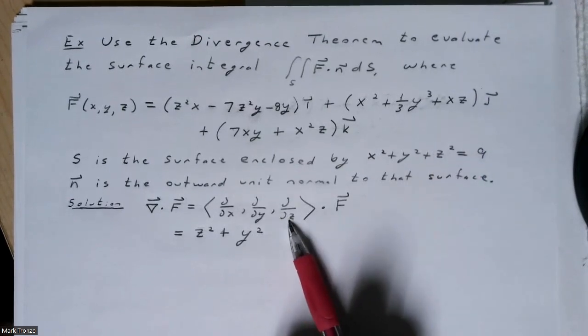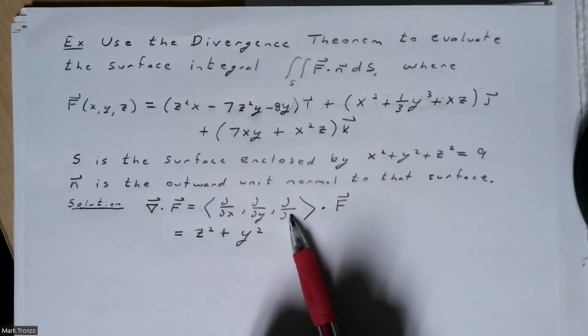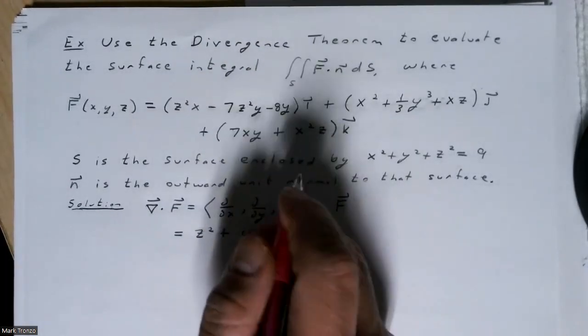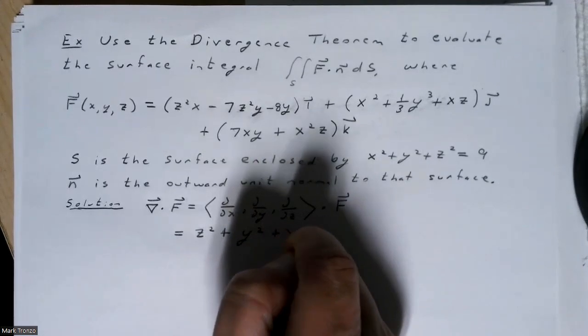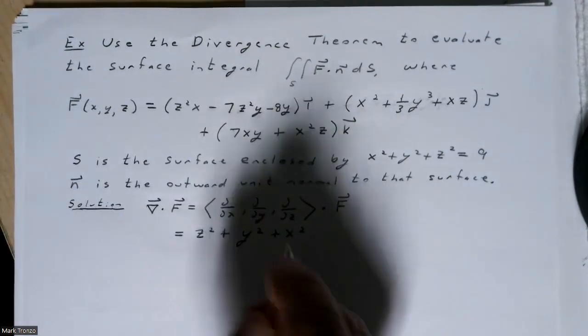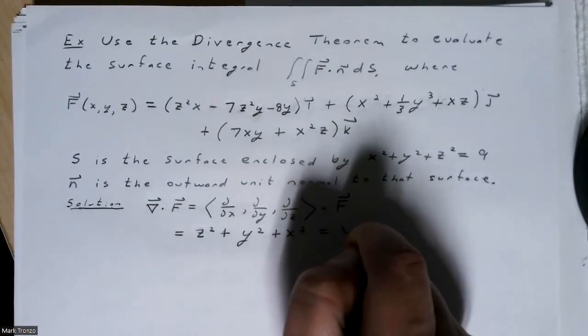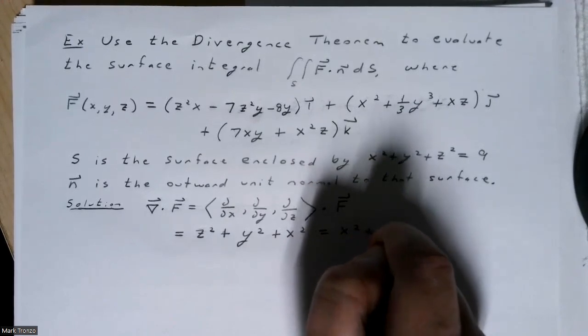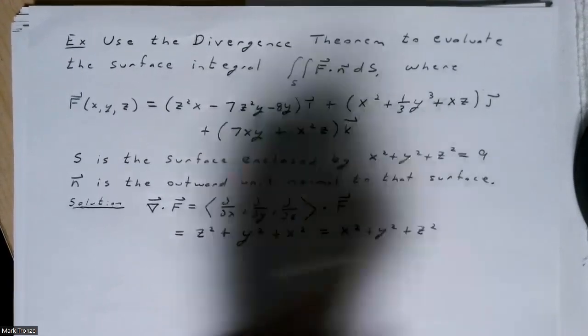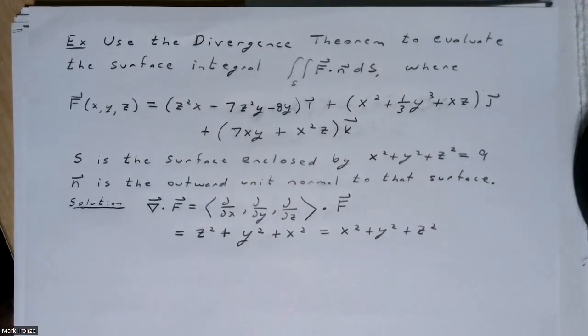Finally, we're going to take the derivative of this last term with respect to z. That's 0. That's going to be x squared. And we can make it look a little bit more familiar to us. We can rewrite that as x squared, y squared, z squared, like this.